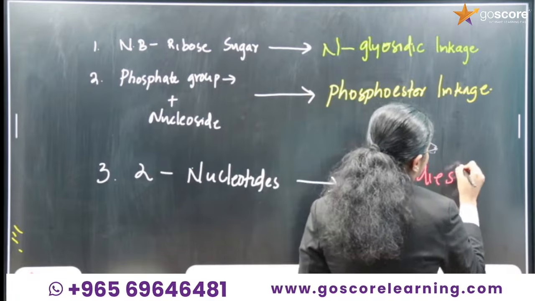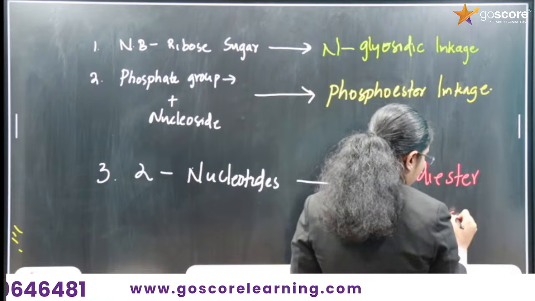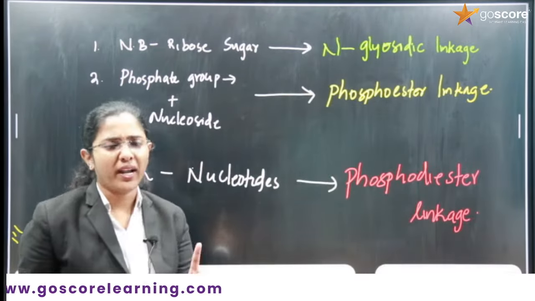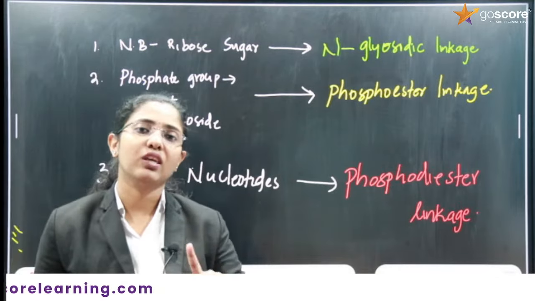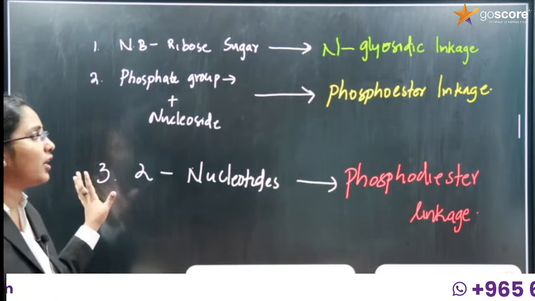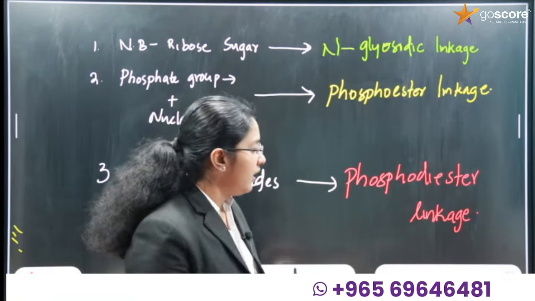This is very important. You can expect at least one MCQ from this section, so be thorough with this. One more bond we have to learn, which we will be learning now.